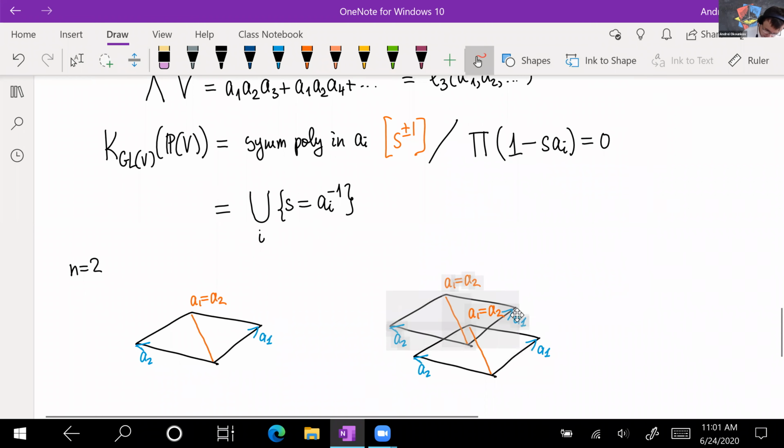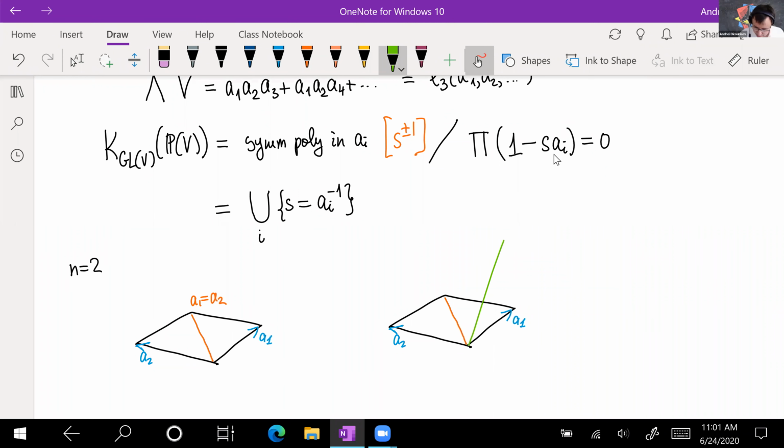Okay, so this will look something like that. We'll remove that to not be confusing. In logarithmic coordinates, s is either one function or the other. So this is where s is equal, say, to a1 inverse, and like I said, this should be a hyperbola, but in logarithmic coordinates I draw it differently.